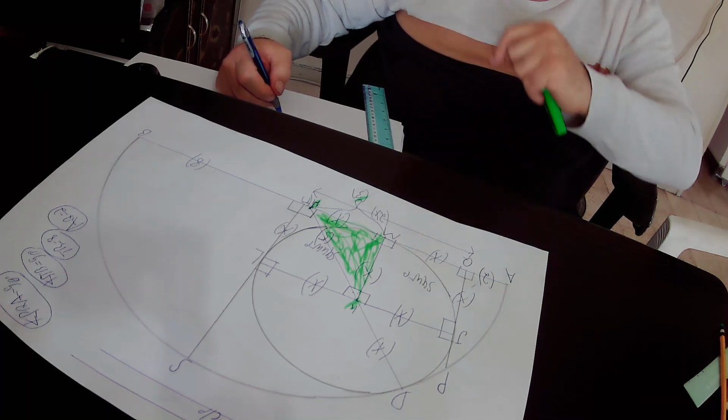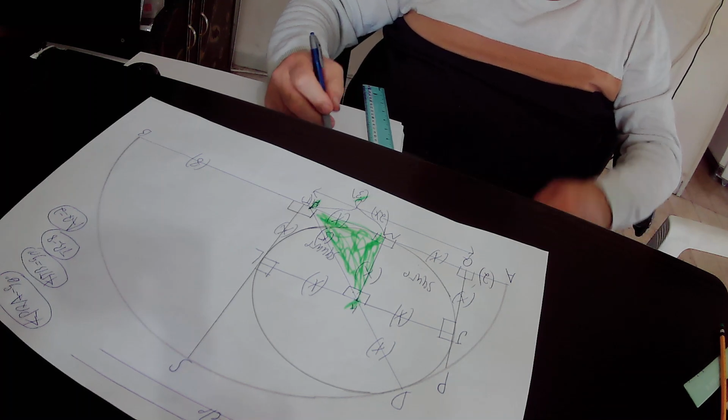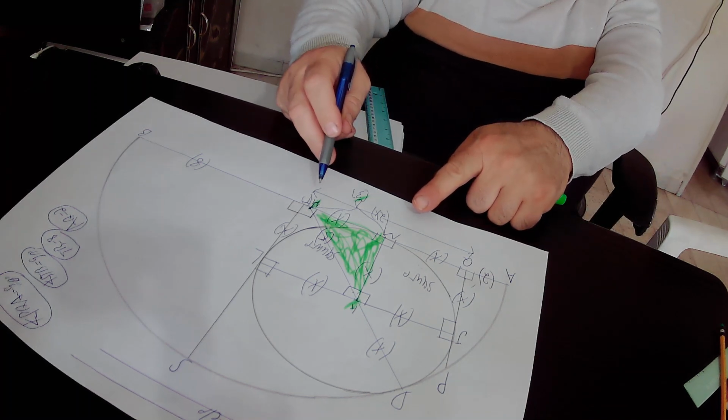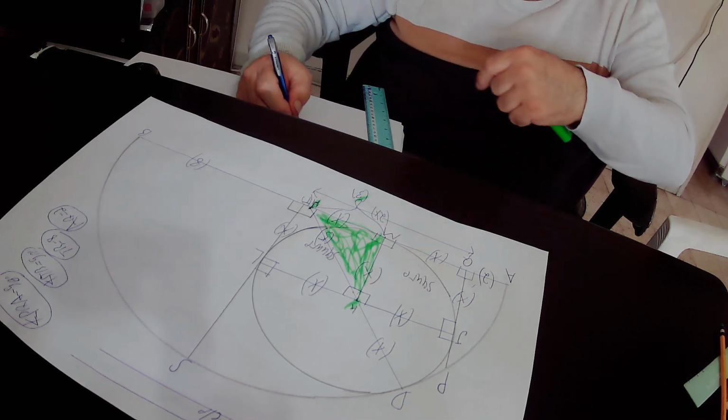Side KM equals x. For the green right triangle, MH equals 3, and the hypotenuse KH equals 5.